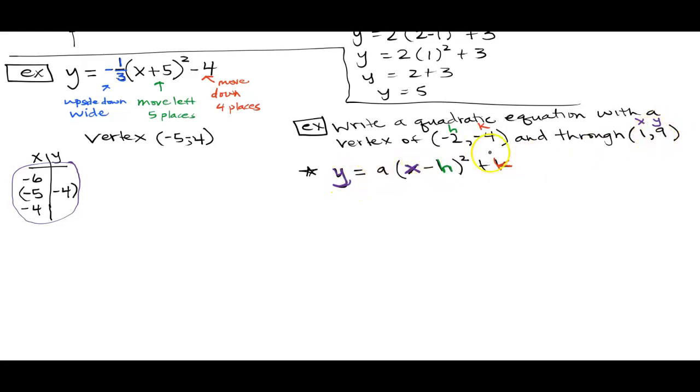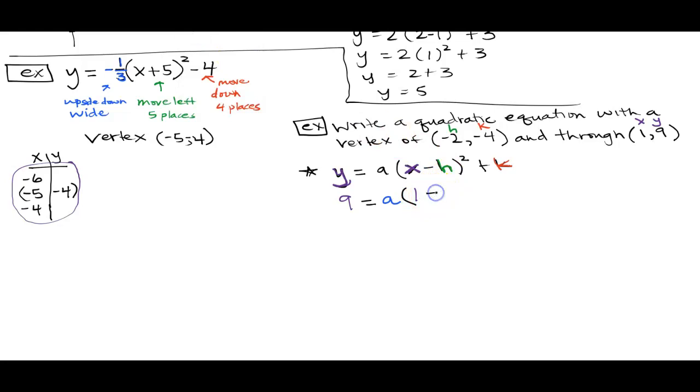So in place of the y, I'm going to put 9, and that equals a. I'm going to put a in blue here because that's the part we're going to be solving for. And then my x, what is my x value there? 1. Then minus h.